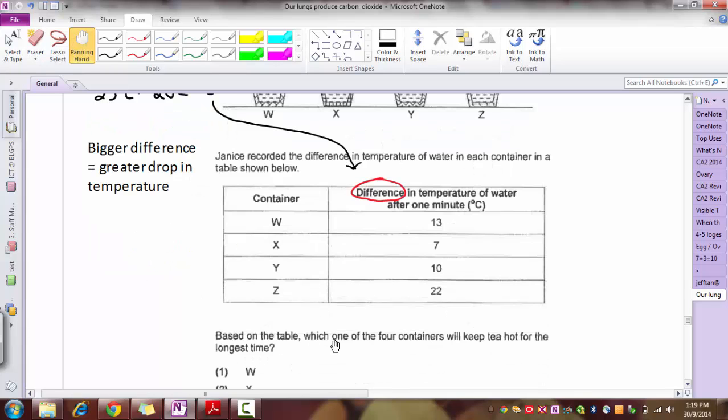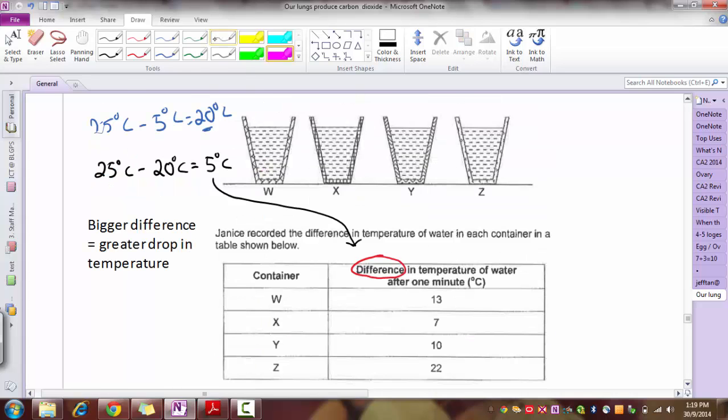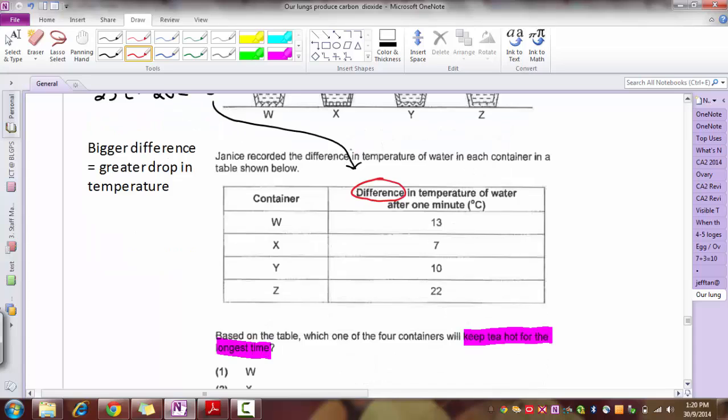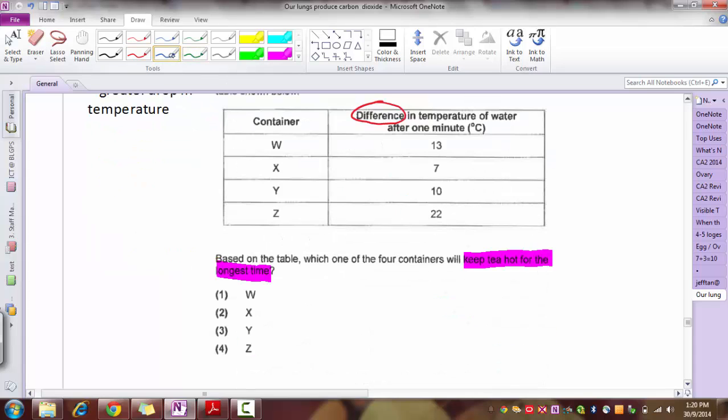Based on the table, which of the 4 conditions will keep tea hot for the longest time? I want to keep tea hot for the longest time, so that means my heat must be trapped in. It cannot flow out. What materials will trap heat in? Something that traps heat in is a poor conductor. Correct?